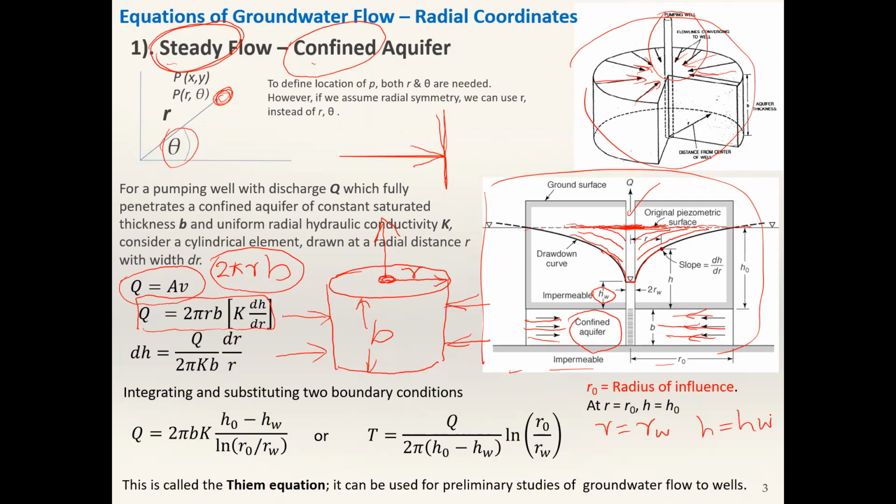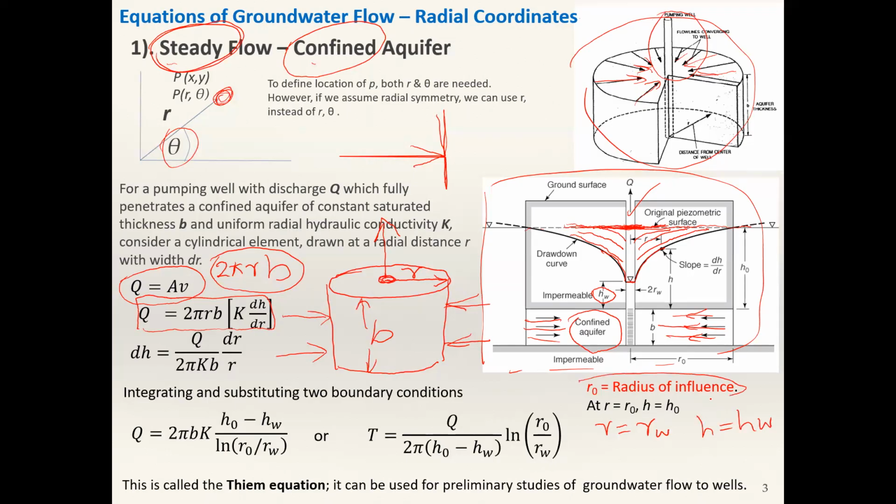The second boundary condition is our initial piezometric head. You see now, there is a distance in this aquifer that will be affected by this pumping. After that point, there will be no influence from this pumping on the aquifer. That is what we call the radius of influence.